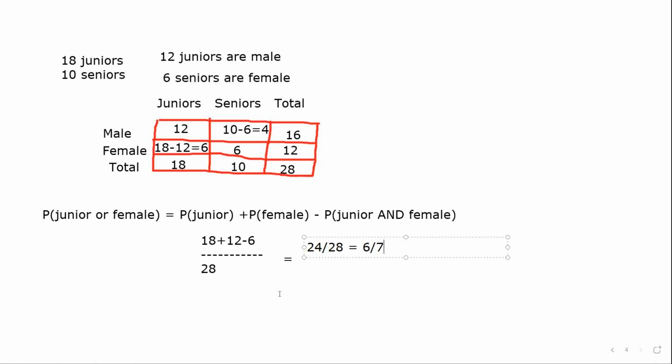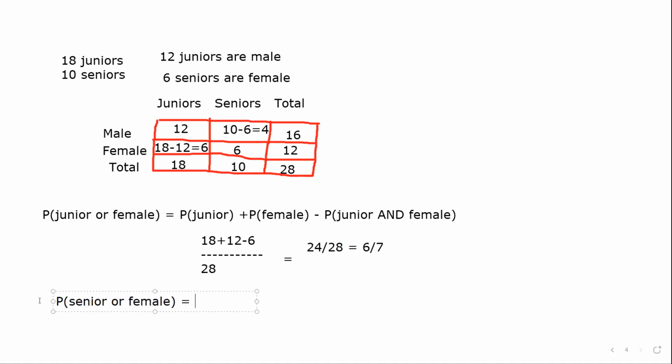So 6/7. Now this is senior or female. What do you think we're gonna do here? We're gonna do the same thing, but this time it's gonna start with 10. The seniors are 10, so this is the probability of senior or female.